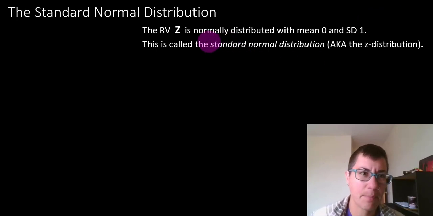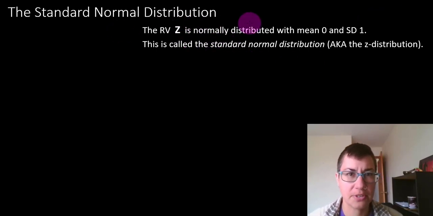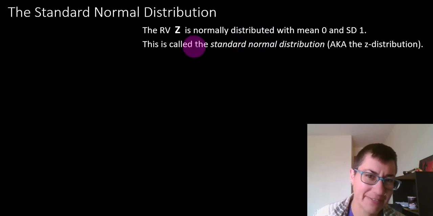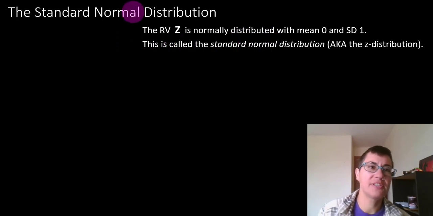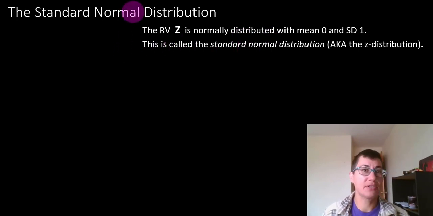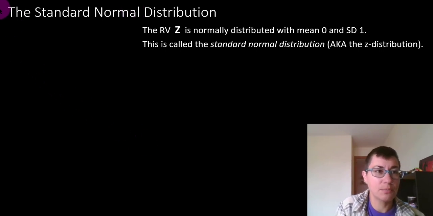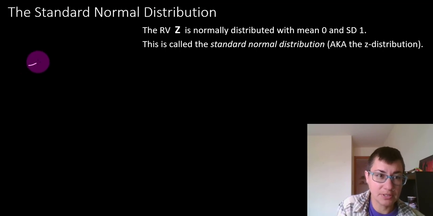In this video, we're going to talk about the standard normal distribution, sometimes affectionately referred to as the Z distribution. We'll see why eventually. In the previous video, we discussed that we can use the empirical rule to find probabilities associated with normal distributions.